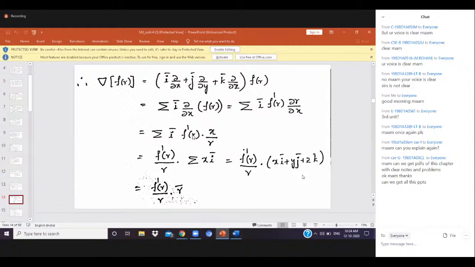Writing f dash of r outside of the summation, then we get only the summation x i bar. But the full form is x i bar plus y j bar plus z k bar. Then it is represented as r bar. So more problems depending on this r you have in your textbook, and this type of problems is also important.